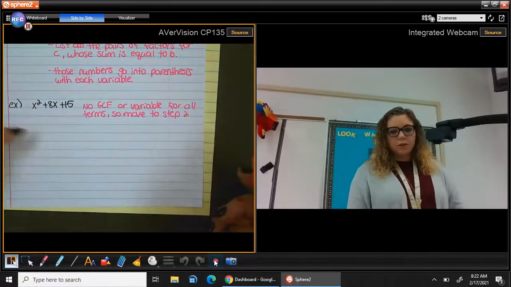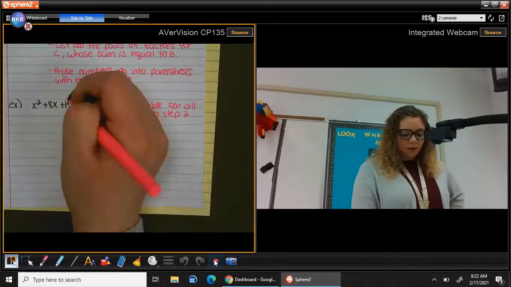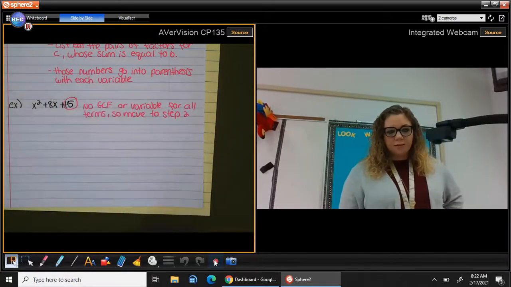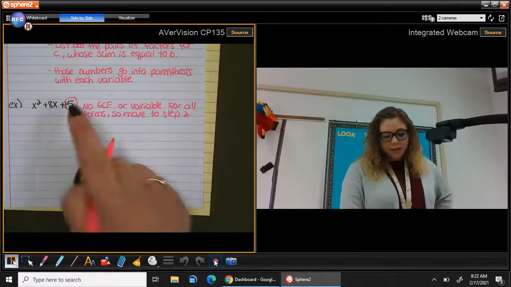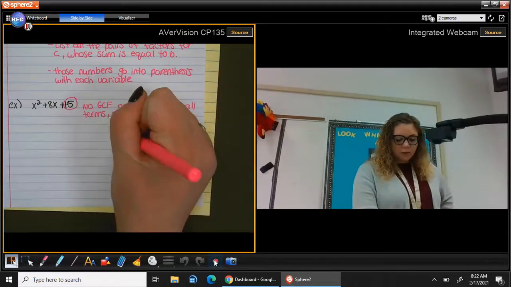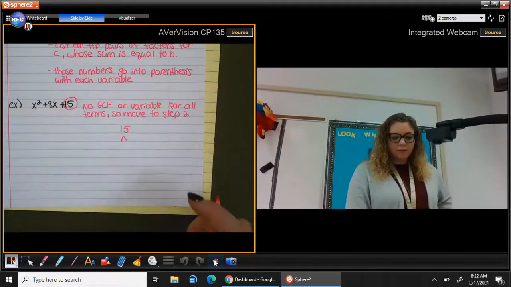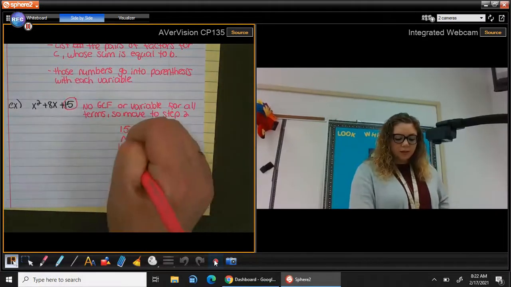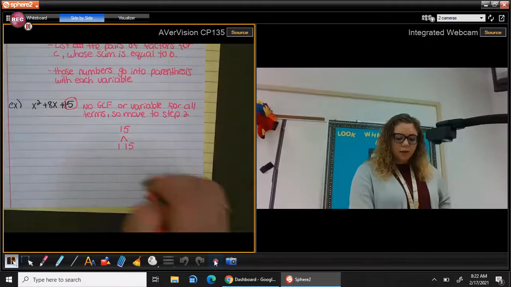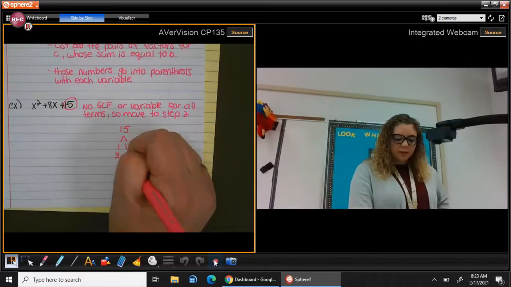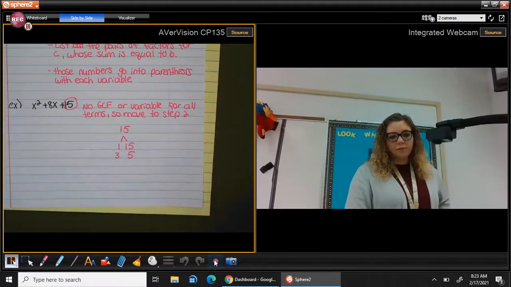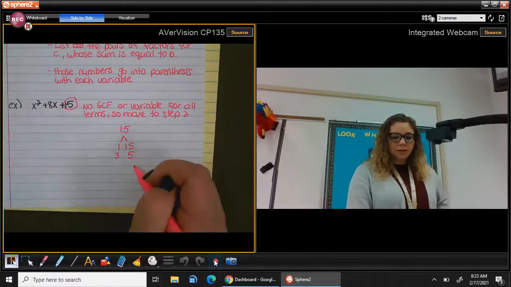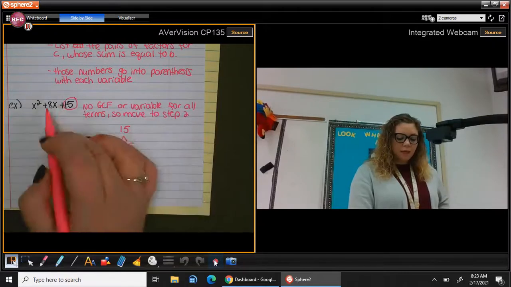Step 2 says I need to find all the factors of c, which is this number right here. So what times what would give you 15? Always start with 1. 1 times 15 is going to give me 15. 3 times 5 is going to give me 15. Which one of these will give me 8?